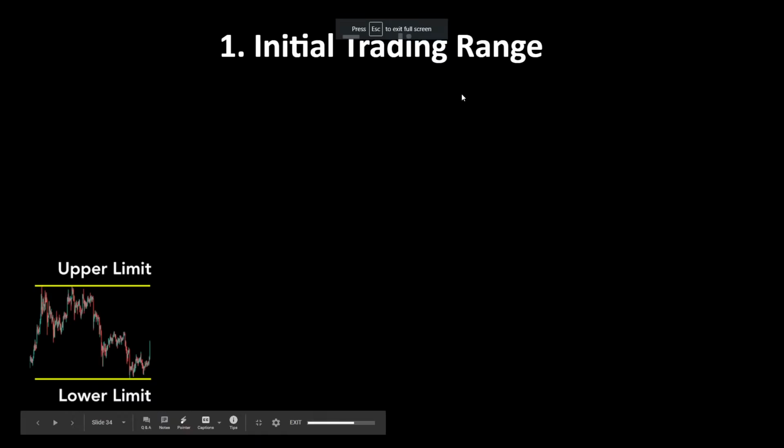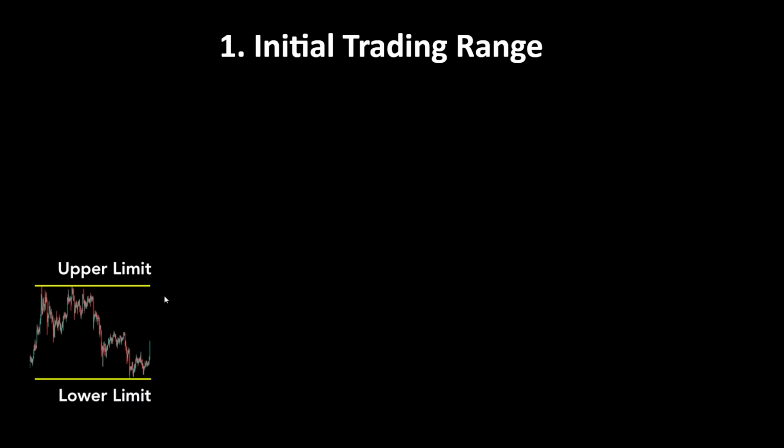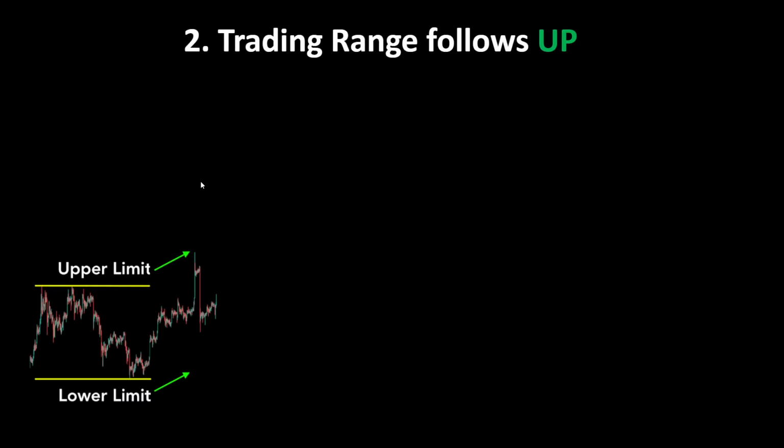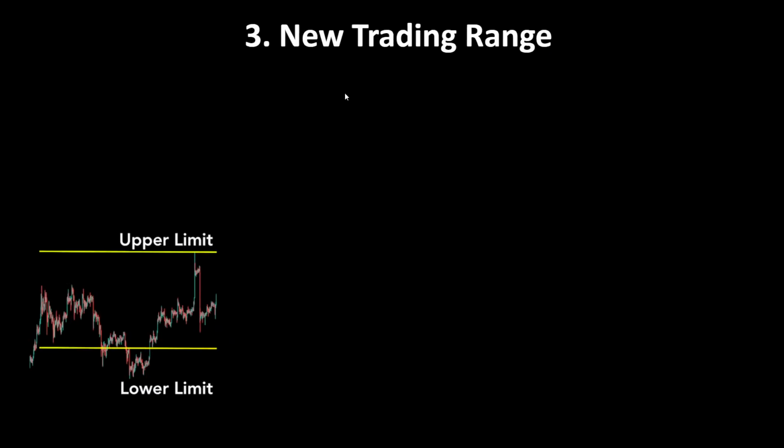So imagine that this was your initial trading range, upper limit, lower limit, and this is where you set your bot. Like in between here you have grid levels, grid buy and grid sell orders, all that stuff. Let's assume the price goes higher, it breaches the upper limit price. As you have your trailing up enabled, this will move the trading range automatically.